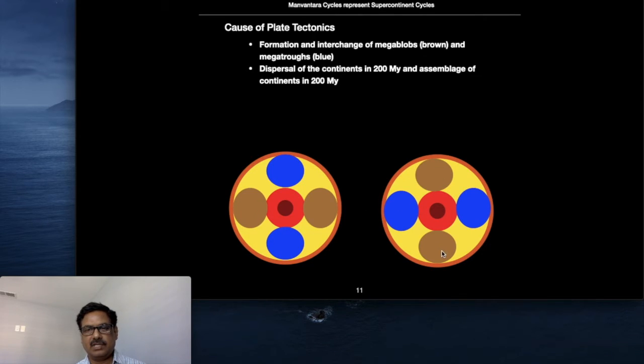They interchange. So these are the blobs now. Blobs are mega plumes, super volcanoes, or something like that you can call them. And then when they interchange, they push the continents back to form a supercontinent. So one instance of megablobs breaks the supercontinent and disperses the continents, and then another instance of megablobs, the interchanged ones, pushes the continents back and forms another supercontinent.